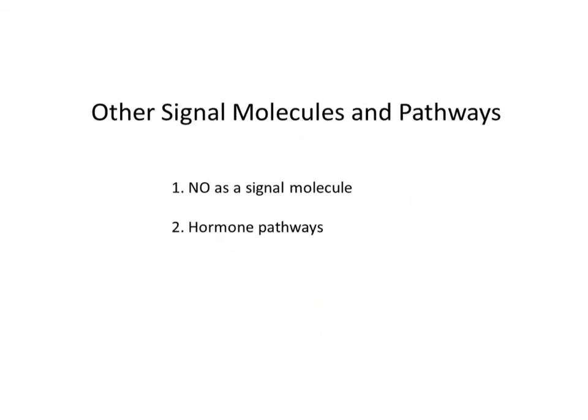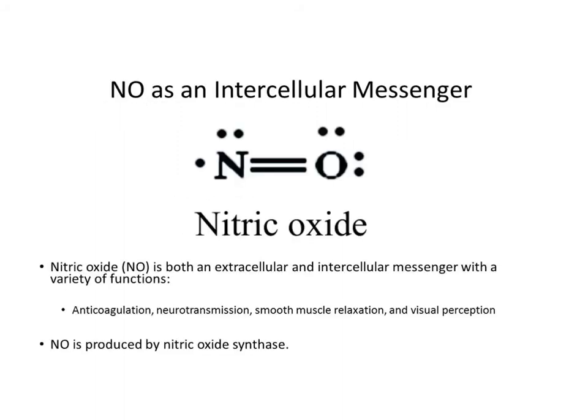So what other signal molecules and pathways can we talk about? We can talk about so many, but we can restrict it to just a couple more in this lecture. Another important signal molecule is nitric oxide, which is a gas. And nitric oxide is both an extracellular and intracellular messenger. It has a variety of functions. It's involved in anticoagulation, neurotransmission, smooth muscle relaxation, visual perception.